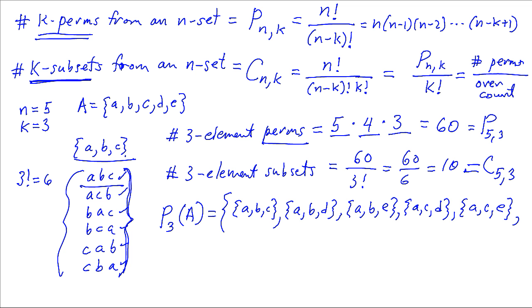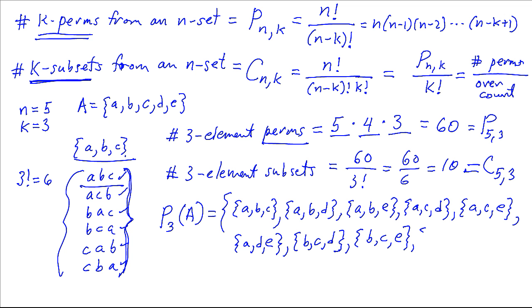Let's now do an AD, and the only one I can jump to is an E on that one. Next I'm going to start with a B, and I'm going to go to C and D. And then I'm going to go B, C, and jump out to E. And then, I've done all the B, C, so I'm going to do a B, D. The only place I can jump to is E on that.